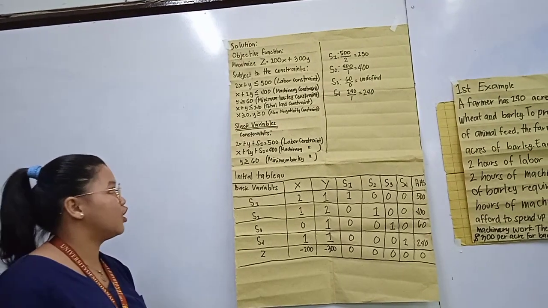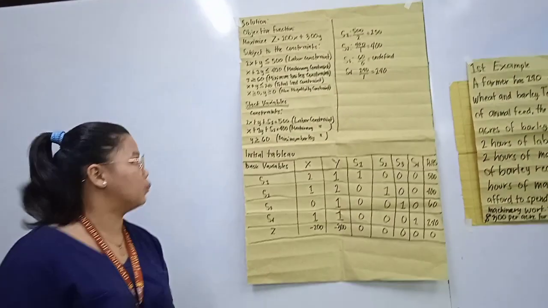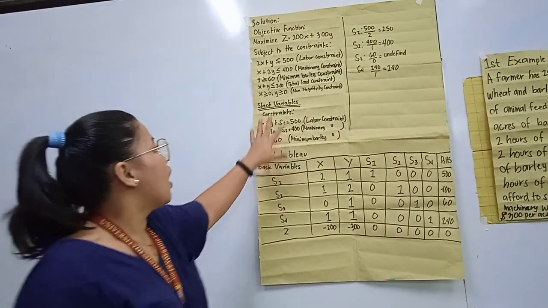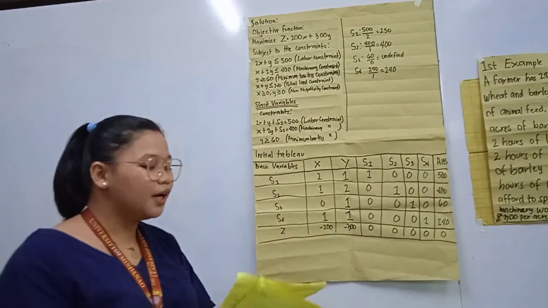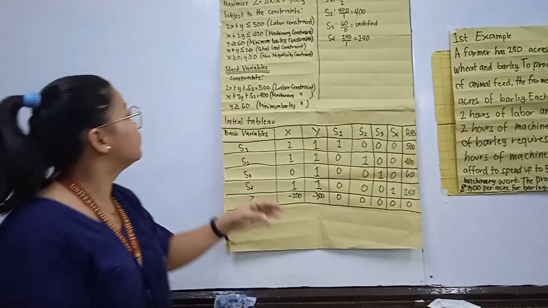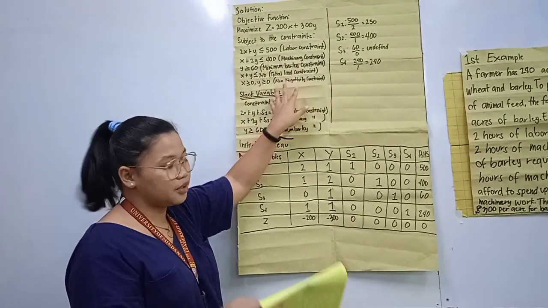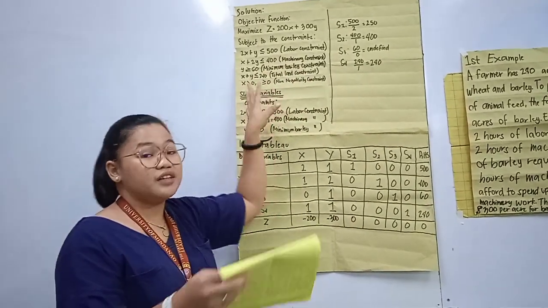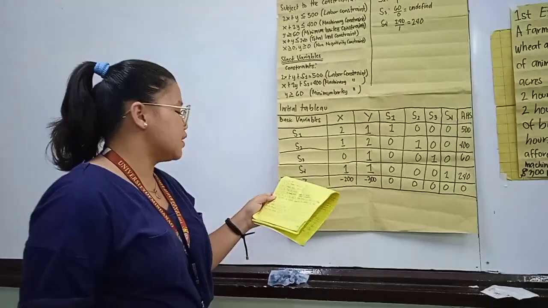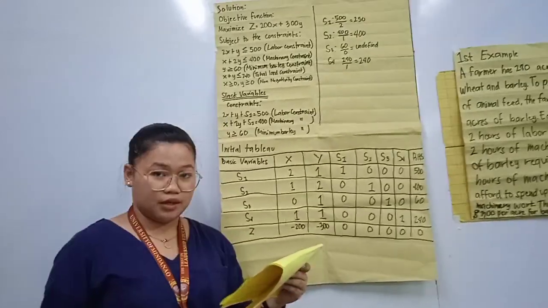X greater than 0, Y greater than 0, since the amounts of acres cannot be negative. So we'll solve this step by step using the simplex method.